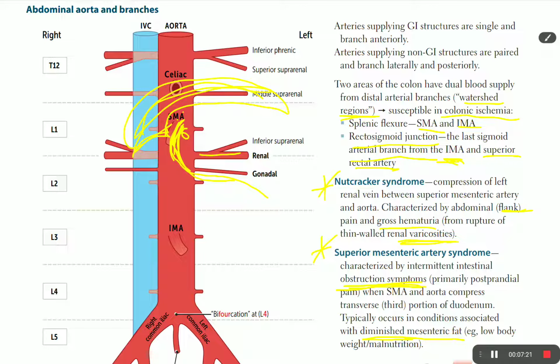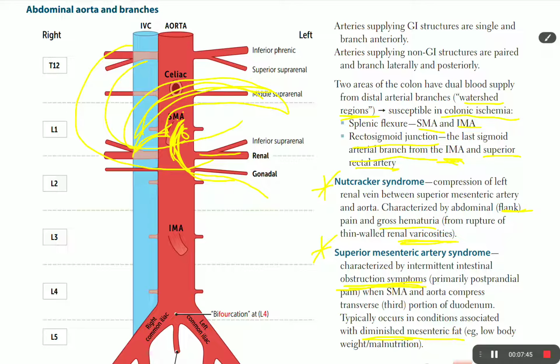So it also compresses the third part of the duodenum. Also, the third part of the duodenum has a course just below the superior mesenteric artery. So it's compressed on the duodenum, typically associated with diminished mesenteric fat, low body weight, or malnutrition.